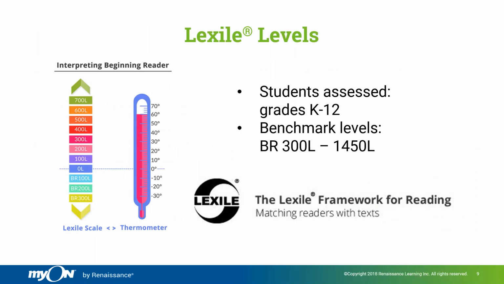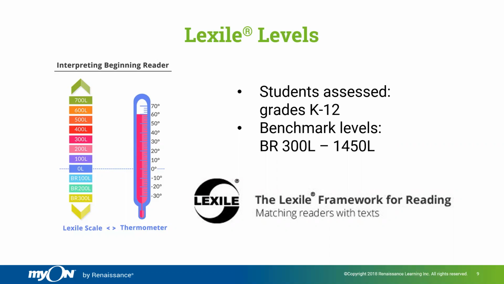So every learner will have an individual number, and also every book is going to have a Lexile level, which is taking into account the complexity of that text, so how difficult that book is. It's a really nice way to match the learner with the right books.